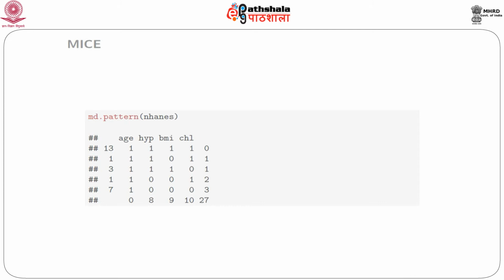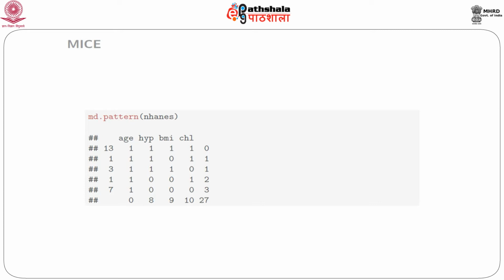To inspect the missing data pattern, the missing data numbers can be visualized by using the function md.pattern of the data, and input the data frame as the argument. So, if we give md.pattern(enhance), we get age, hypertension, BMI, cholesterol level, and we have the numbers like 1 1 1 1 1 and then 1 1 0 1 1, and so on.